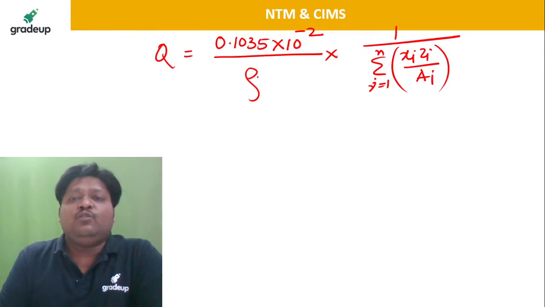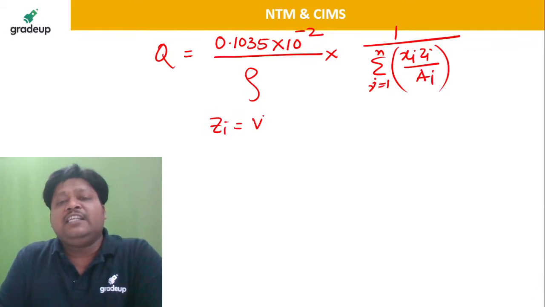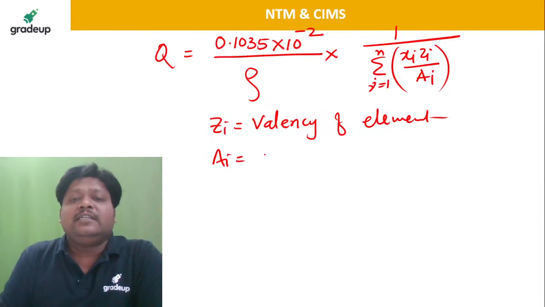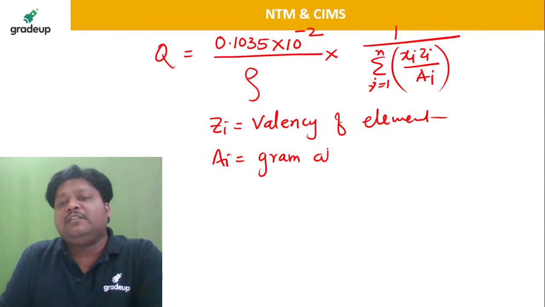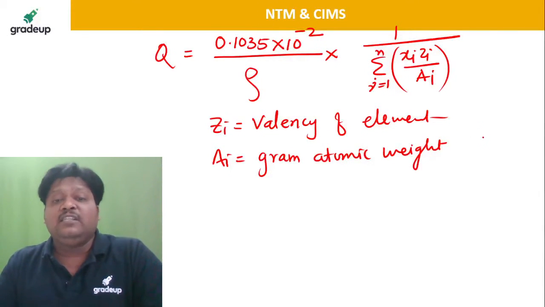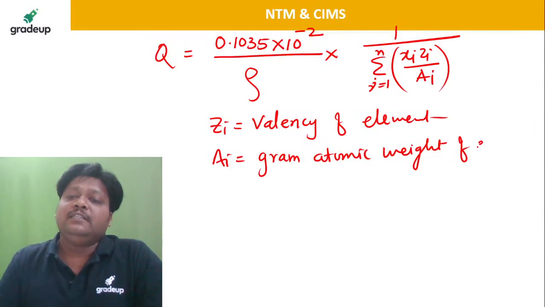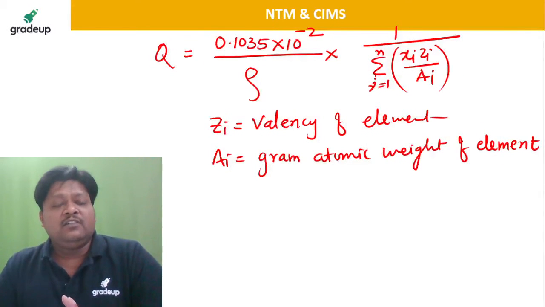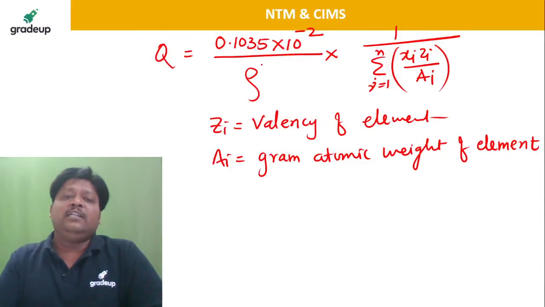Where xi is the weight percentage of that particular element, zi is the valency of that element, and ai is the gram atomic weight of that element. So please remember, dear students, whenever they provide you an alloy or compositions, you need to calculate the density first.